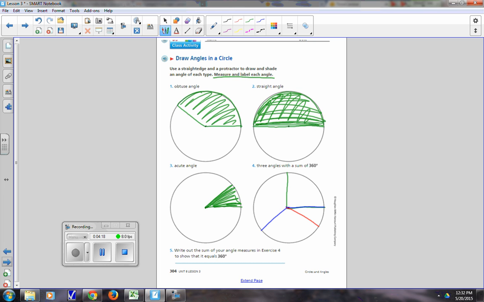So you would have overshading, but you'd have this. You'd have your 90. And then you would have your reflex angle, which is more than, so hopefully you can kind of see that. Write out the sum of your angle measures in exercise 4. So if you had a protractor, you could measure each one of those angles.